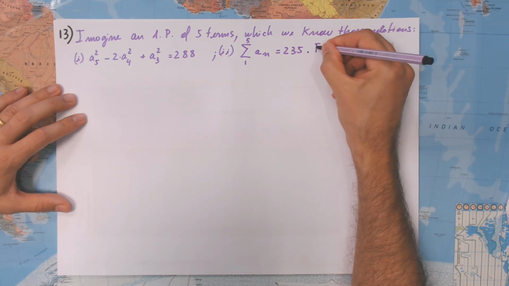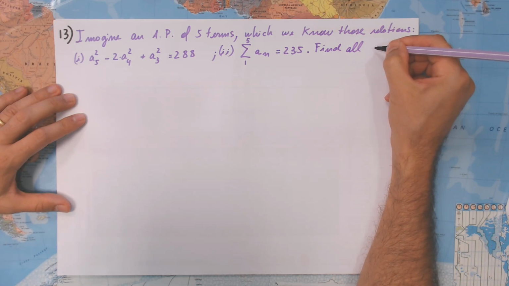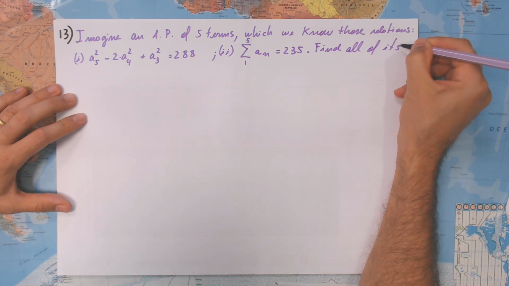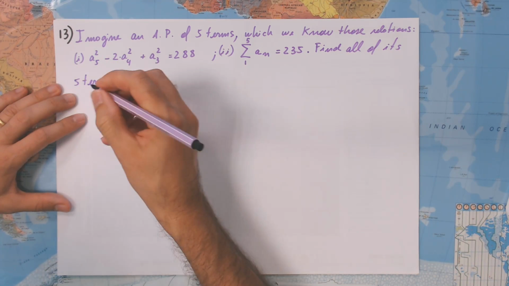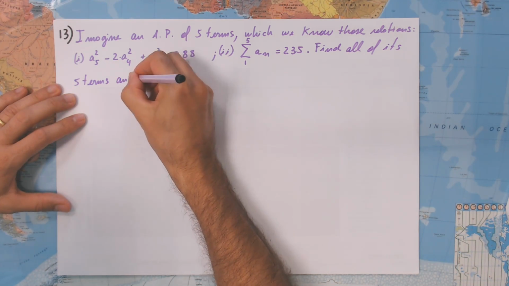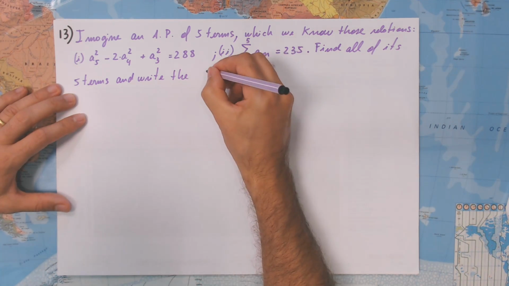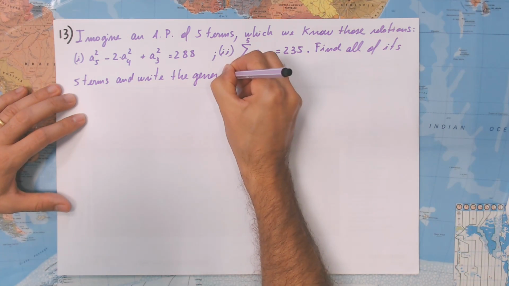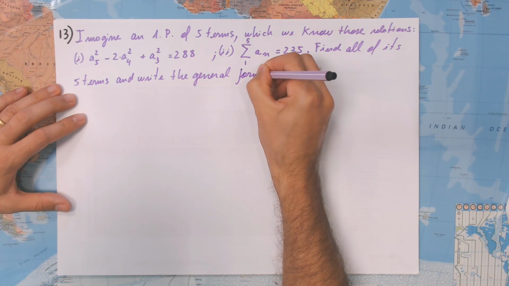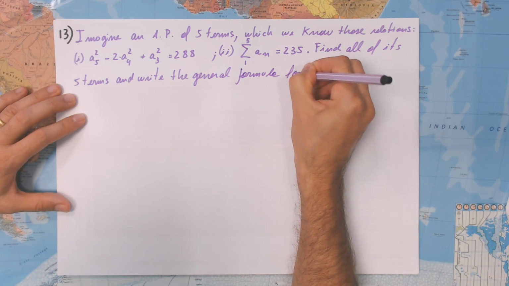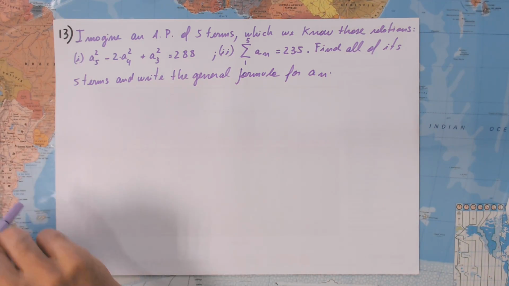Now what I want you to do is find all of its 5 terms and write the general formula for AN. So that is what I want you to do.